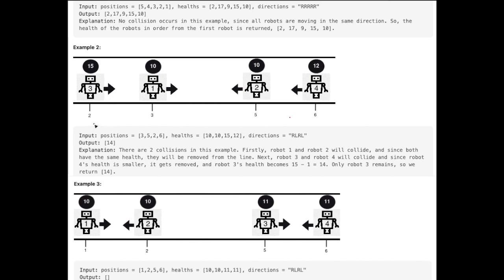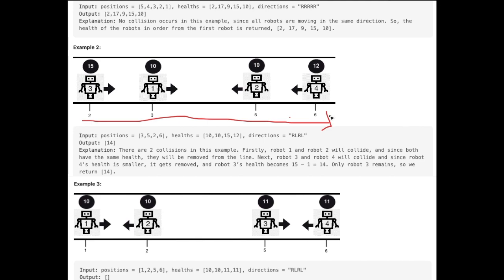Instead, it is probably better for us to look at the robots according to their position. So basically, we will first sort all the robots by position. Then we're going to visit the leftmost position first, all the way to the rightmost position.